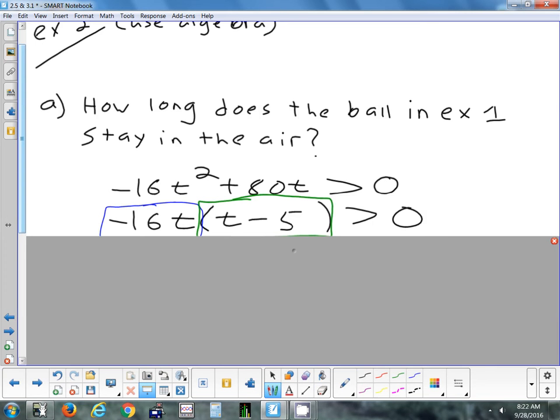Anybody think how we can start to figure this out? Okay, look at what we have here. Yeah? When you said which equation greater than 0, so negative 16 is greater than 0, and t minus 5 is greater than 0. Okay, trying to do it like it's equal to 0.